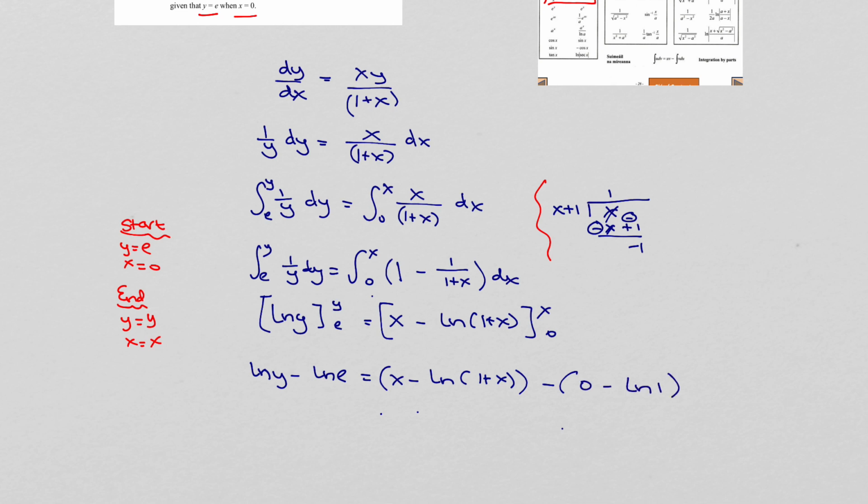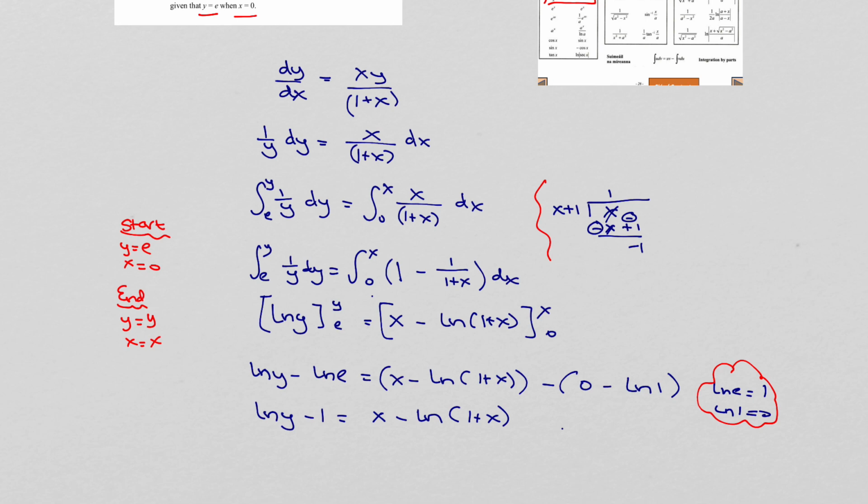And natural log of e is 1 and natural log of 1 is 0. So that simplifies things for us. So we have natural log of y minus 1 is equal to x minus natural log of 1 plus x and then minus 0. So what we need to do is try and get y on its own here.